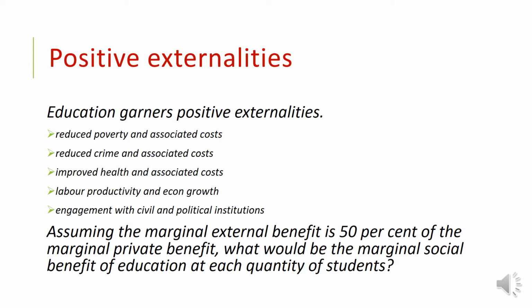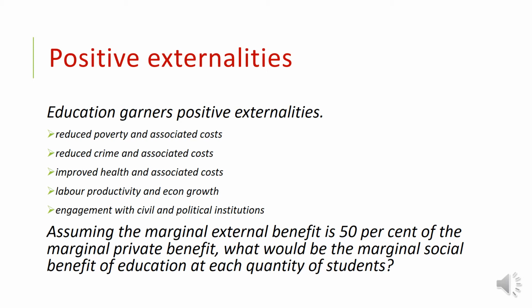Okay, and then of course, increased education tends to result in a greater engagement with civil and political institutions in the society, within the boundaries of the laws of the society. That is, you get more engaged citizens, basically, with higher education.